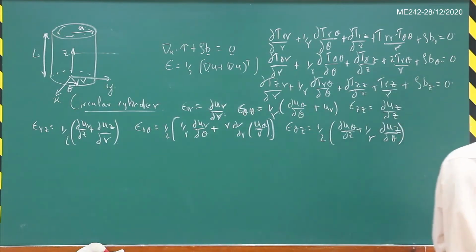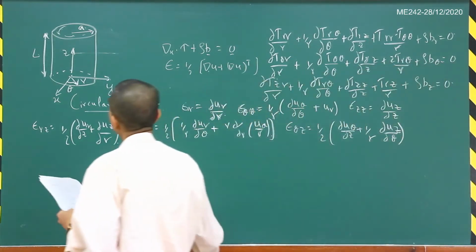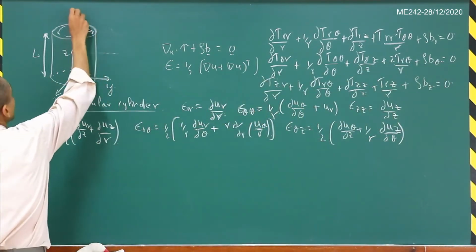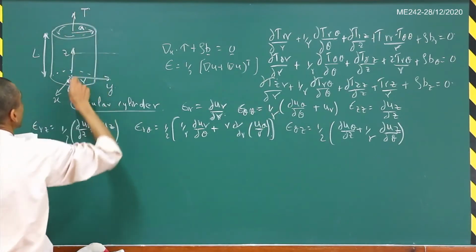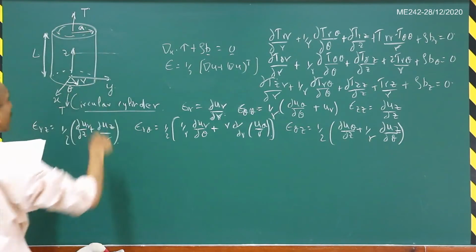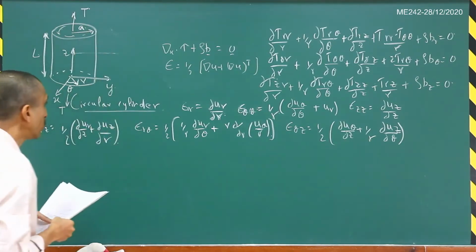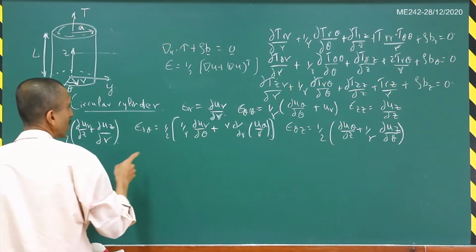Then the resultant torque is T. Okay, so that is the resultant torque due to the tractions that are applied on the top and the bottom surfaces here. Okay, then now u_r is equal to 0.